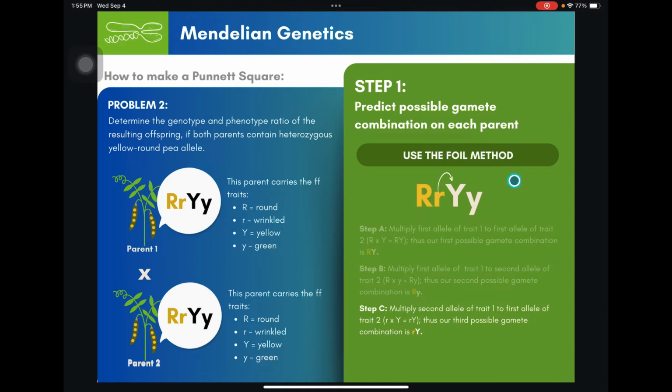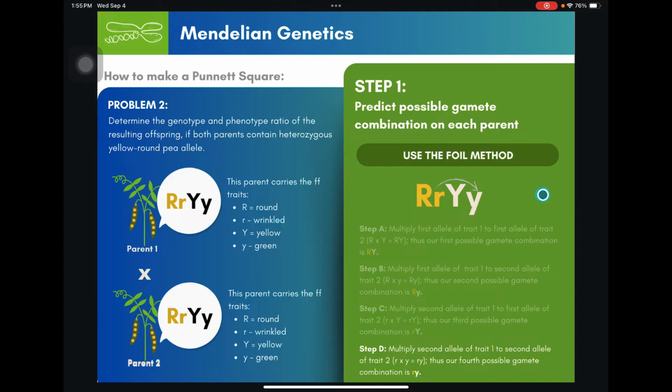Thus, our third possible gamete combination is recessive R and dominant Y. In step D, you have to multiply the second allele of trait 1, the recessive R, to the second allele of trait 2. So this is recessive to recessive. Thus, our fourth possible gamete combination is recessive R and recessive Y.